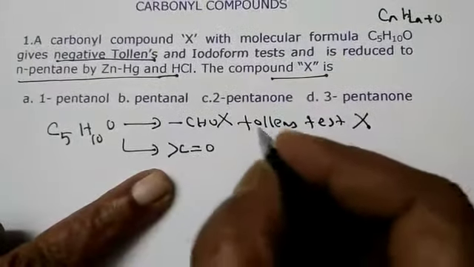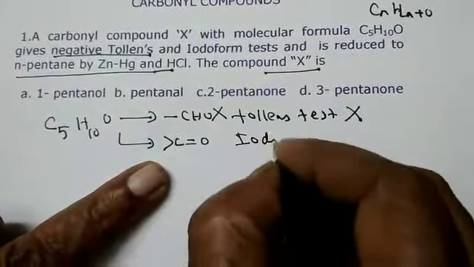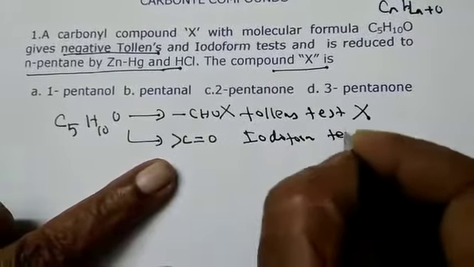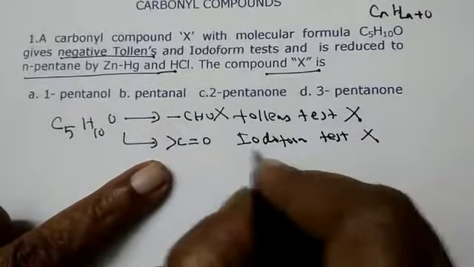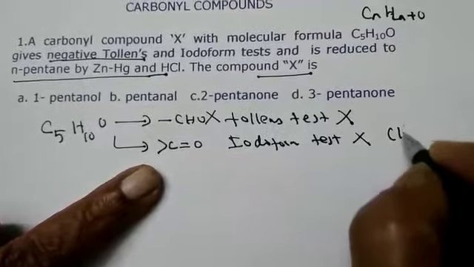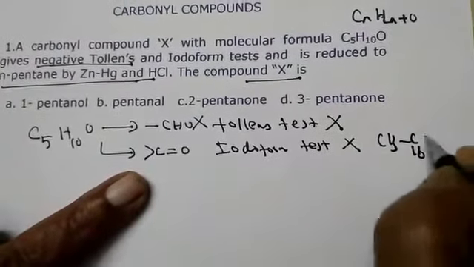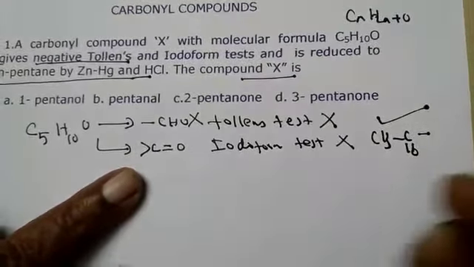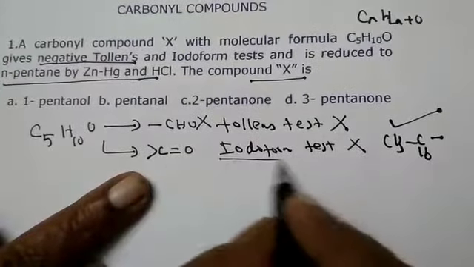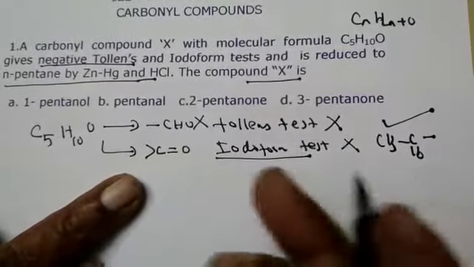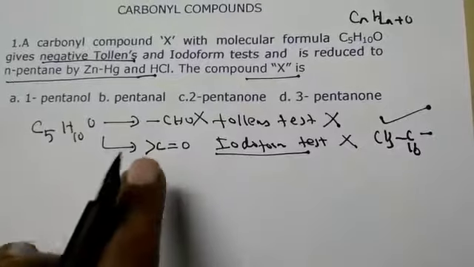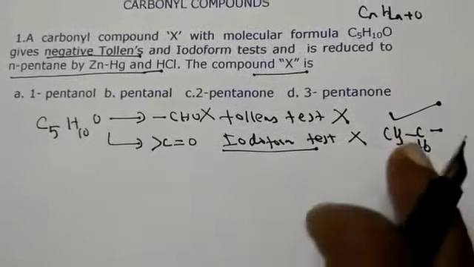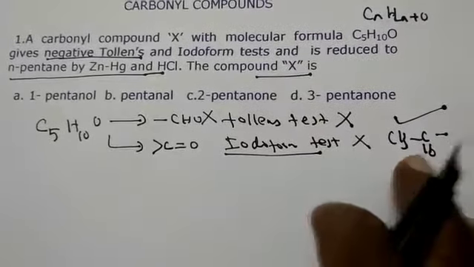It is not answering the iodoform test. Which will answer iodoform? The methyl ketone will answer the iodoform test. So the iodoform test not answering means this is a ketone but not containing a methyl group, so this is not a methyl ketone.